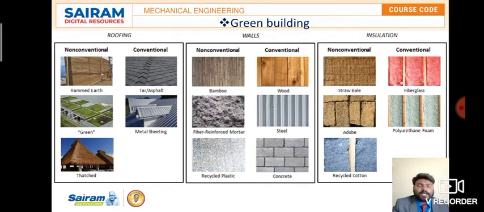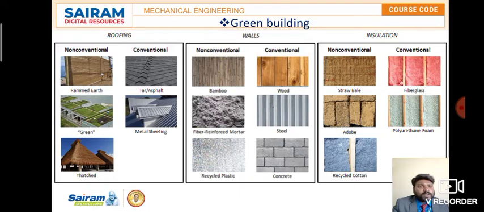The conventional method is tar, asphalt, and metal sheeting. Instead of that, roofing can be done in a non-conventional method, like rammed earth or green roofs, like the buildings I have shown over there, or thatched.